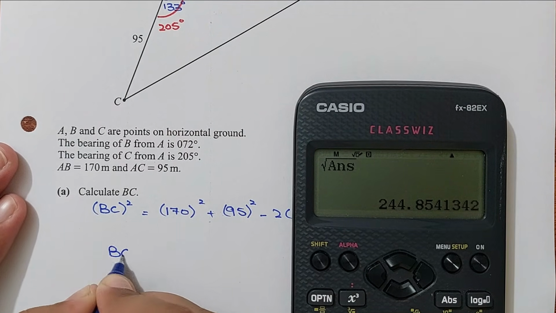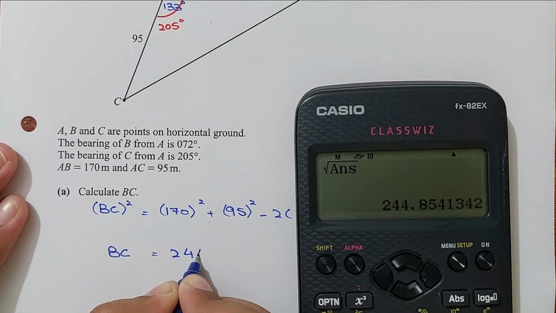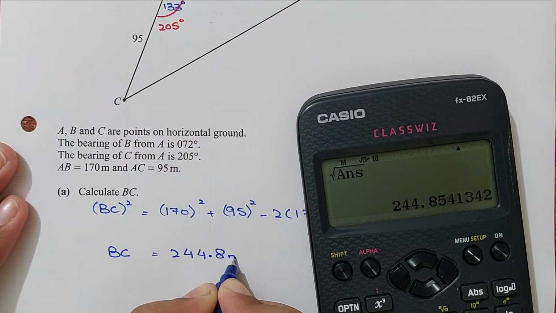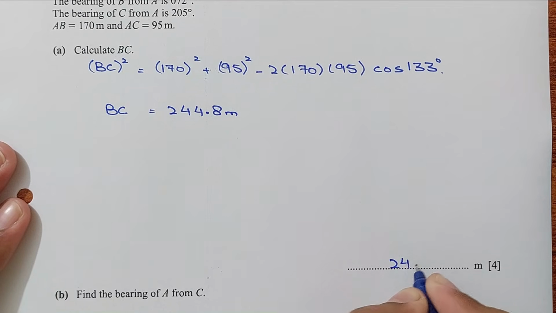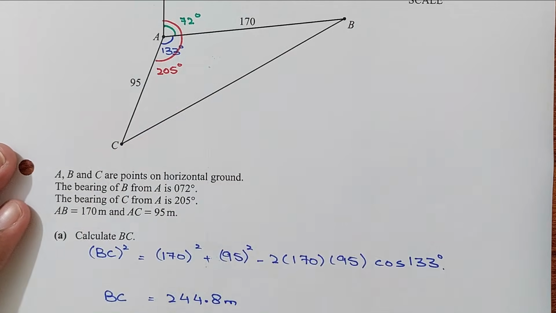So BC is 244.8 meters, or if I round it is 245 meters.